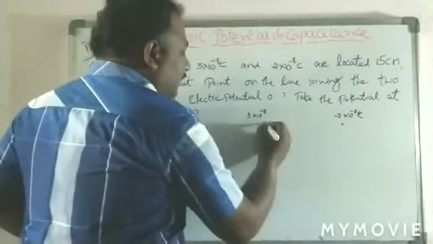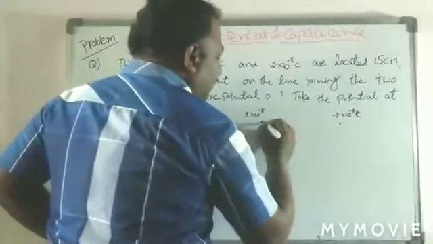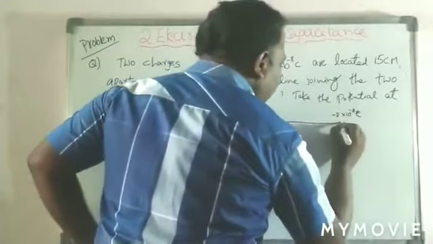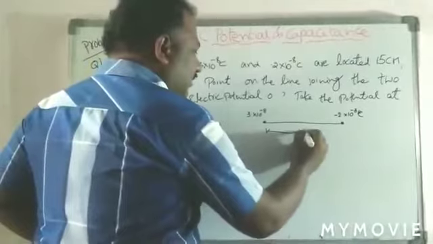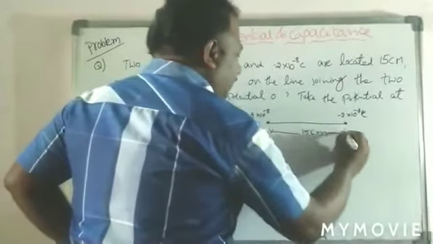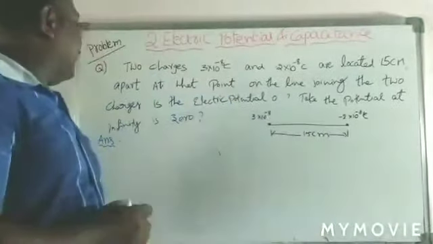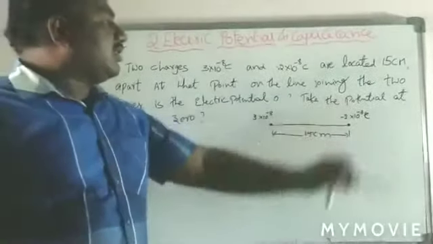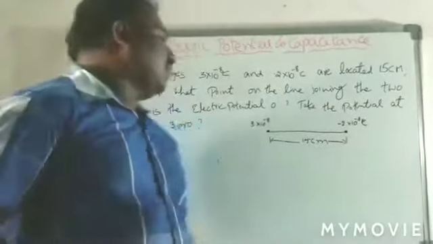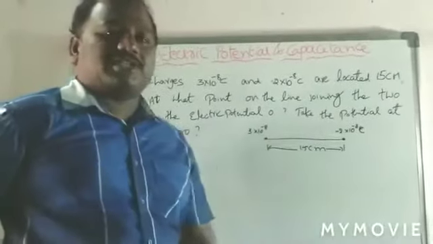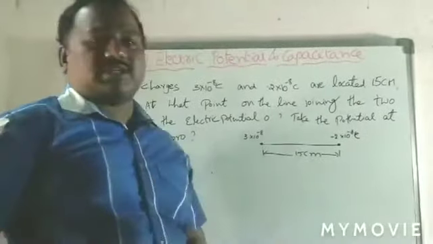These two are taken, and this is the line joining the two charges. The distance between the two charges is given as 15 centimeters. At what point on the line joining the two charges is the electric potential 0? We have to find the null potential point due to these two charges.